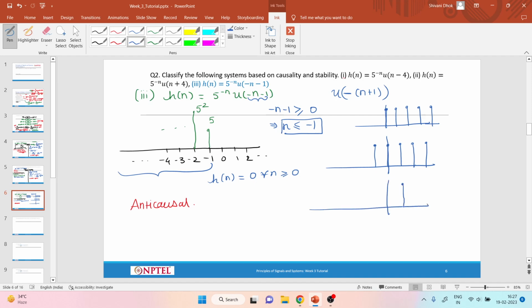It will be different. This is happening because you are first shifting and then flipping. So which is the right method?